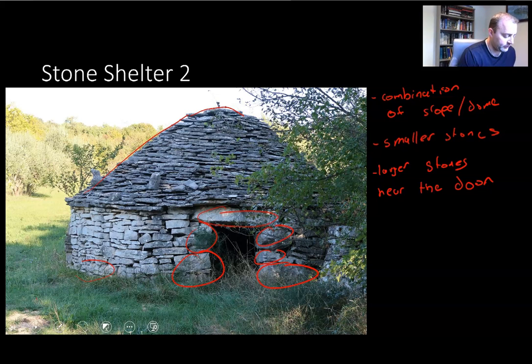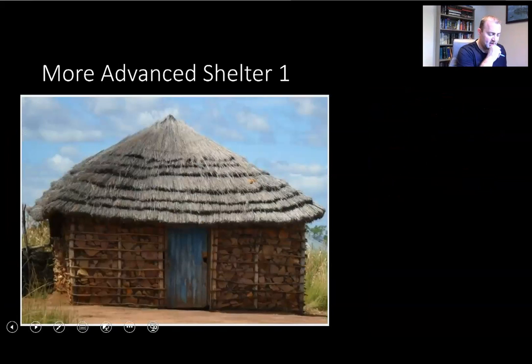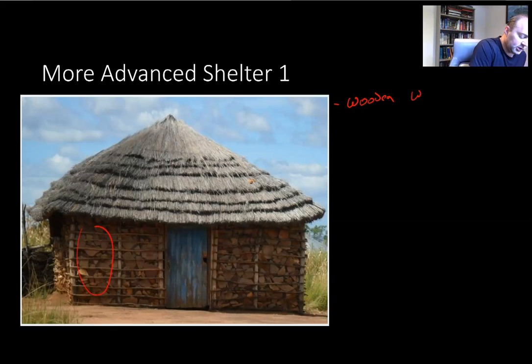All right, so looking at stone shelters. Now we're getting into some more advanced shelters here. This is where we really start getting a hybrid of different materials. So we definitely have wooden walls, and these pieces of wood in the walls look fairly sturdy. But we have smaller branches, smaller pieces of wood, to give structure.